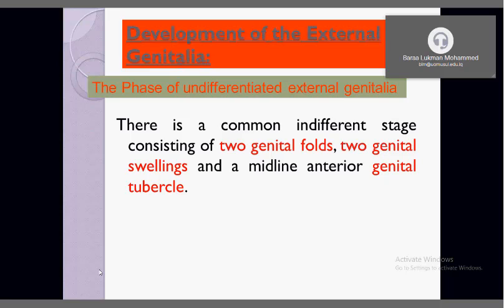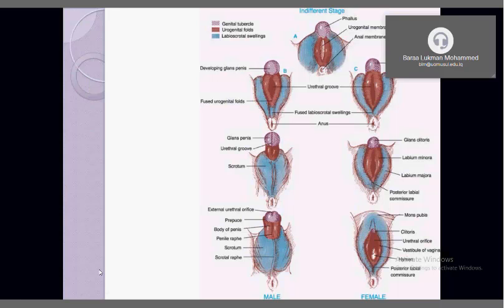In the indifferent stage, the external genitalia consists of two genital folds, two genital swellings, and a midline anterior genital tubercle. This is in the indifferent stage, both male and female.